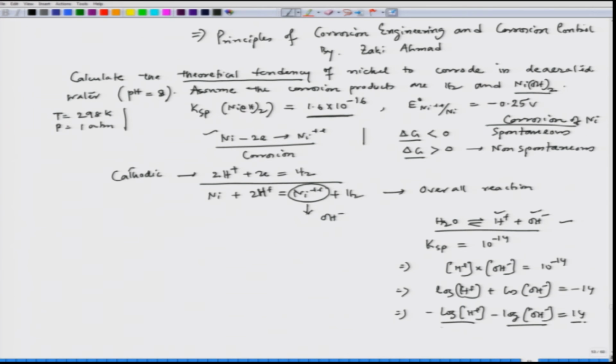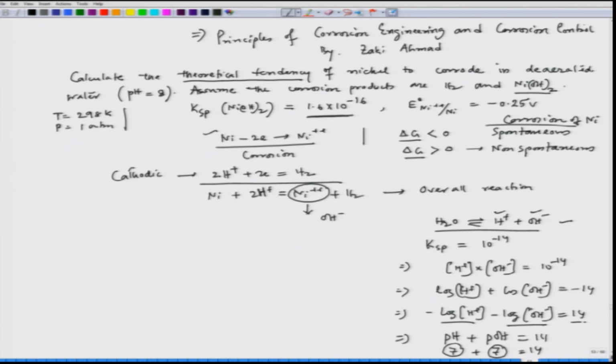So, I can say that this is nothing but pH, and this is nothing but pOH, pH plus pOH equal to 14. Now, if we have 7 and 7, then it becomes 14, and if we have a neutral solution, the pH is 7. So, pOH is also 7.